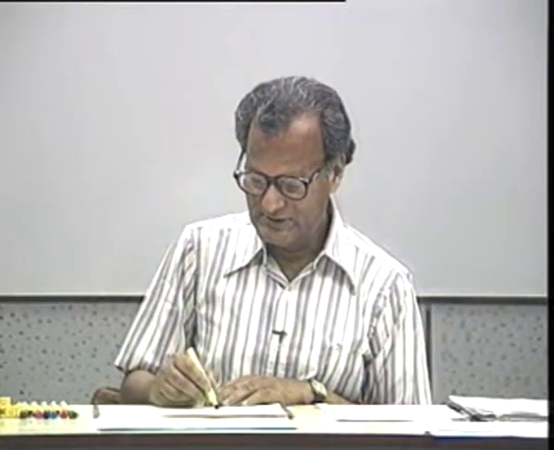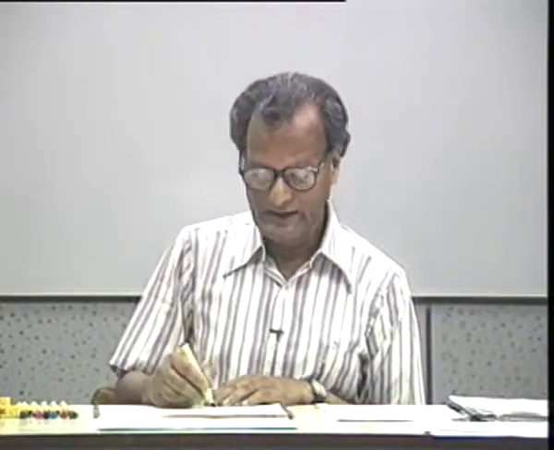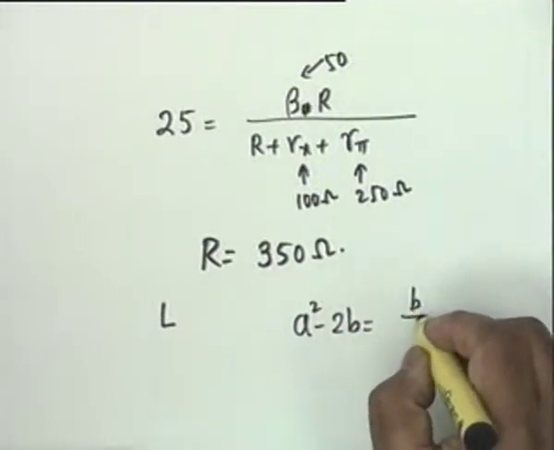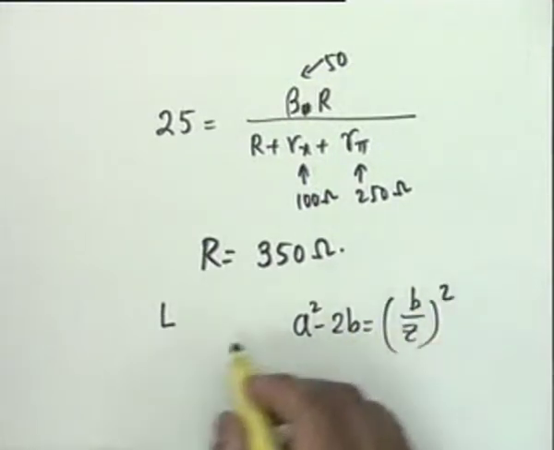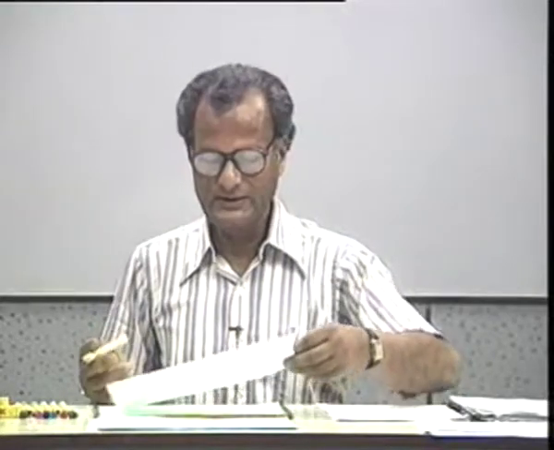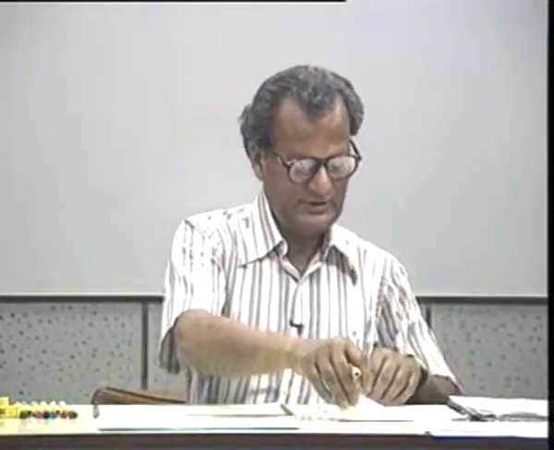Now, the next question is to find L. L will be given by the maximal flatness condition, that is A squared minus 2B should be equal to B by Z whole squared. L would be obtained from this relationship. And if I write down the expressions for A and B and Z in this, I get an equation like this.